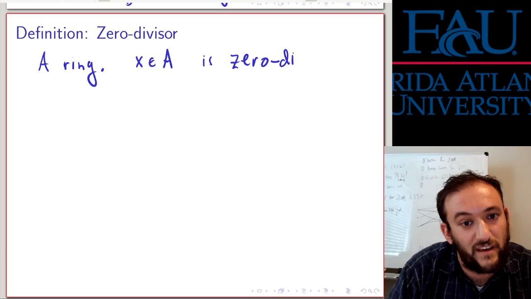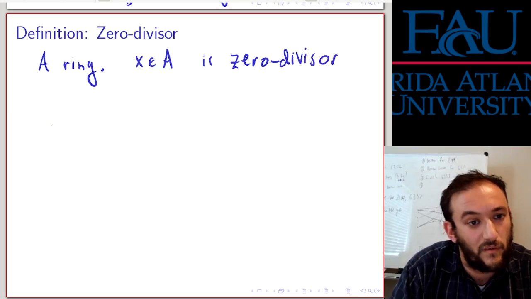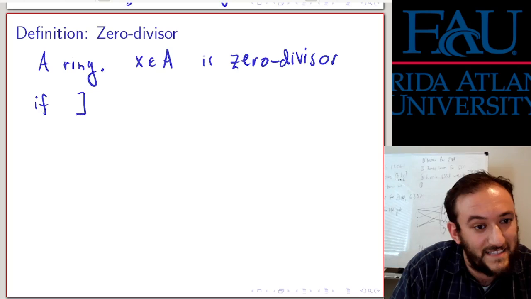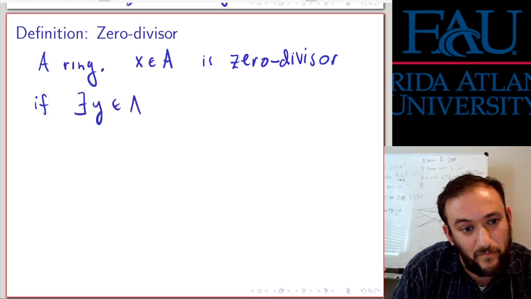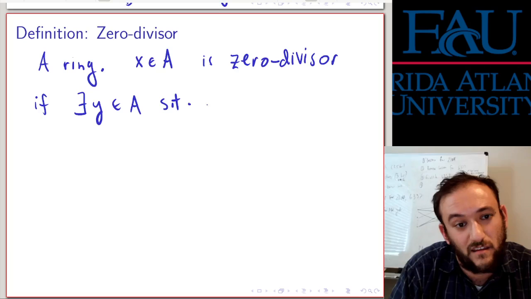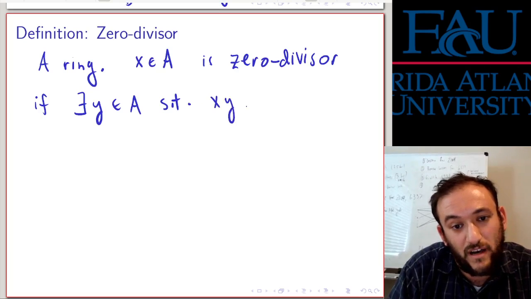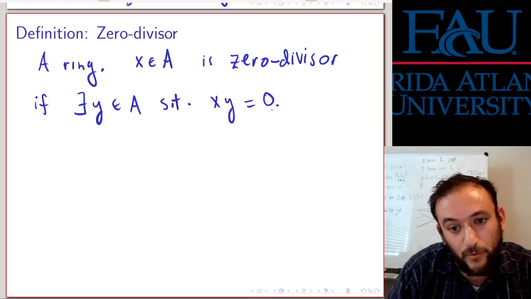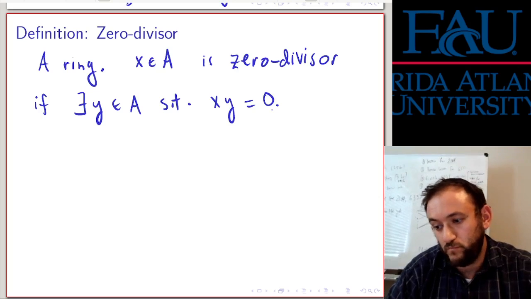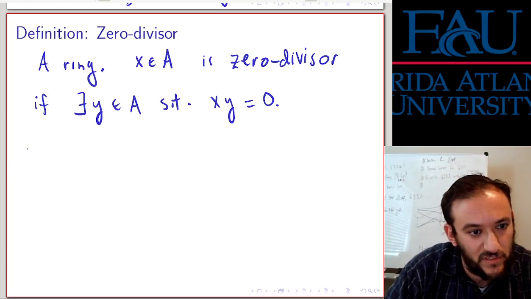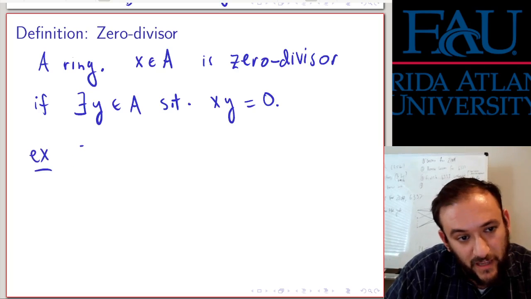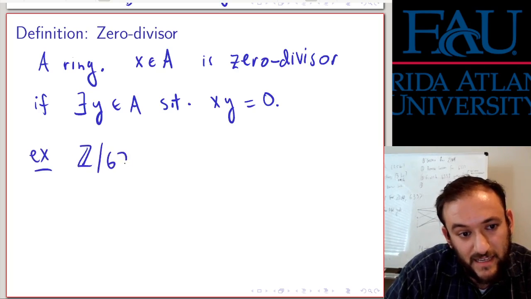It's a zero-divisor if there exists a y in A such that xy equals 0. Okay?